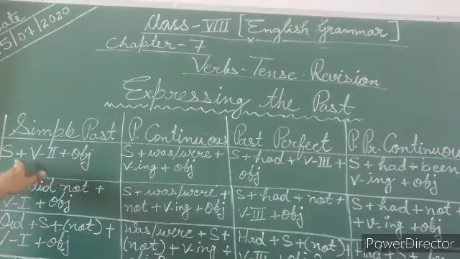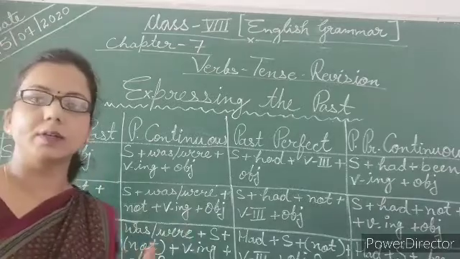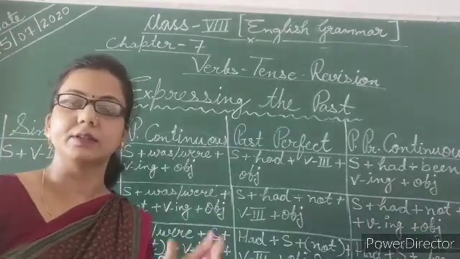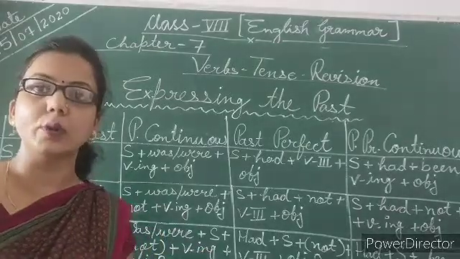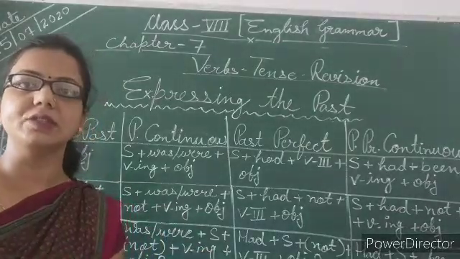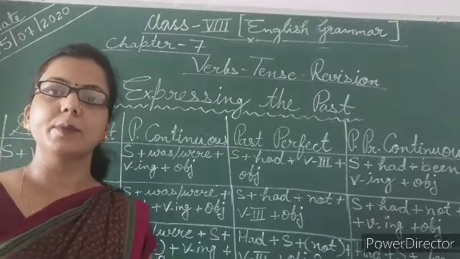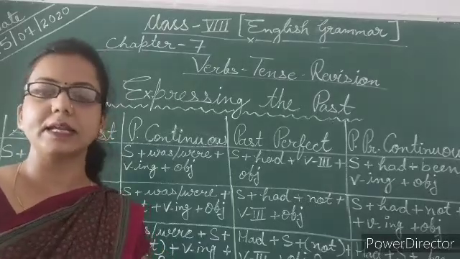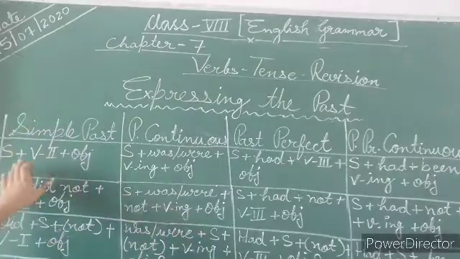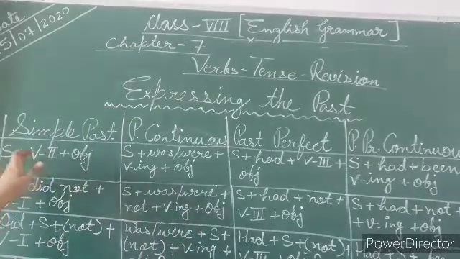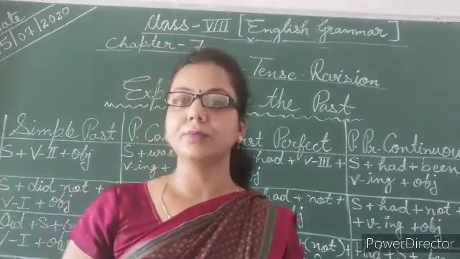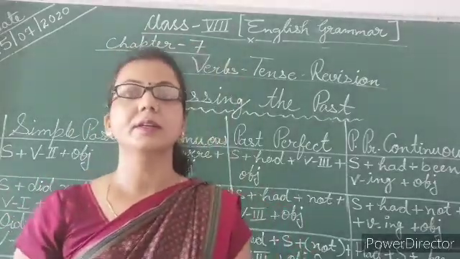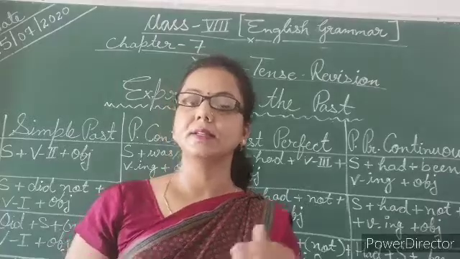Subject is the earthquake. What is the basic role of an earthquake? It destroys each and everything. The second form of destroy is destroyed, just add ed. So: the earthquake destroyed the buildings yesterday.